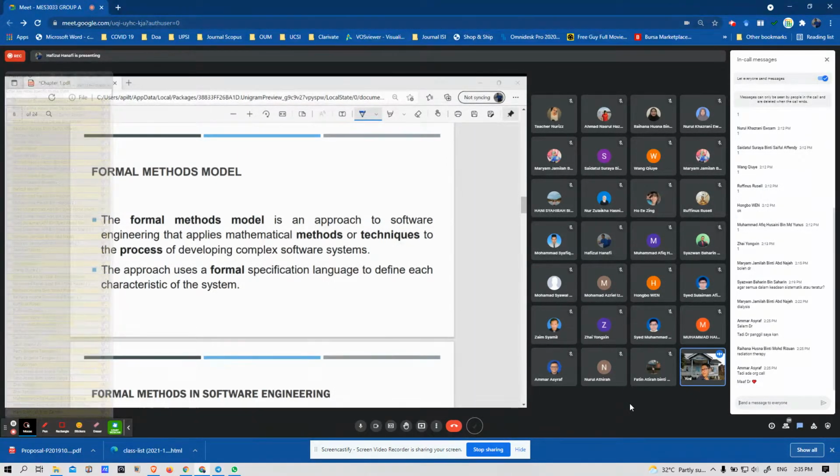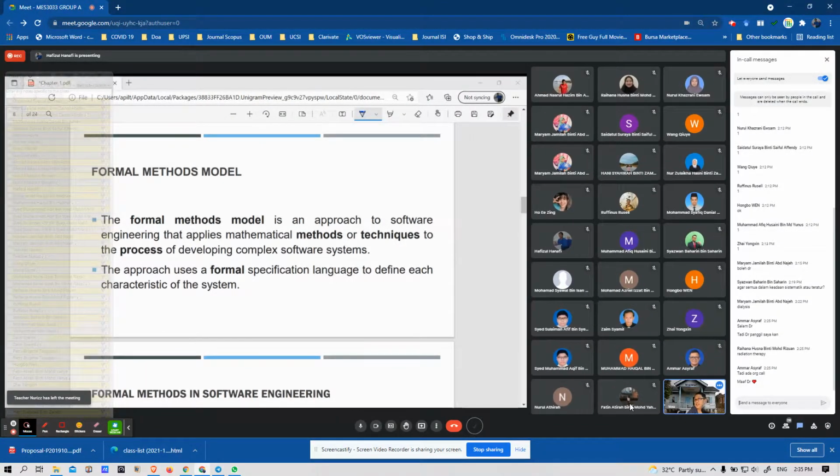Z language basically is statement expressed in language that have some vocabulary, syntax, and semantic. Okay, this one is for the formal specification language, software lah.